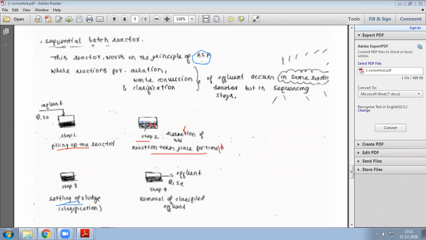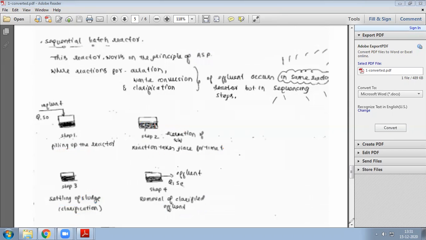So the settling of sludge happens in clarification. One separate tank will be there inside that vessel. So there it settles. Next, we have to remove this sludge also, right? So that is removed along with the clarified effluent. All this happens in one single reactor, which we call a sequential batch reactor.